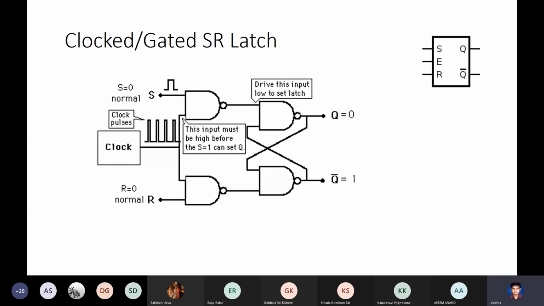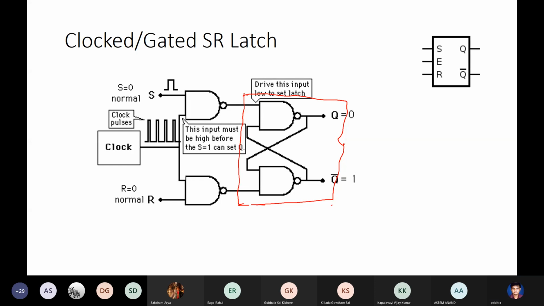Okay, so now let us. So this was my basic SR latch, a NOR gate implementation of a basic SR latch. Now let's add some additional circuit to it, an additional combinatorial circuit.